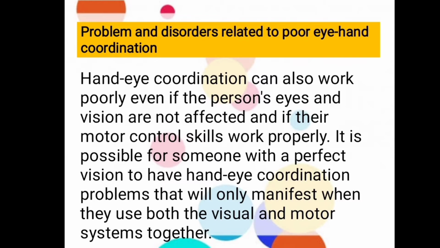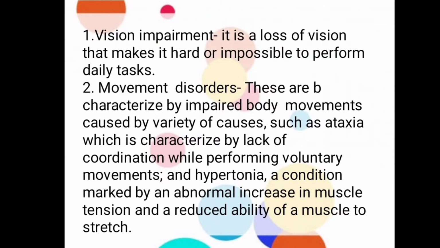Hence, poor hand-eye coordination can have a variety of causes, but there are 2 main conditions for inadequate hand-eye coordination. First, vision impairments. It is a loss of vision that makes it hard or impossible to perform daily tasks. Second, movement disorders.